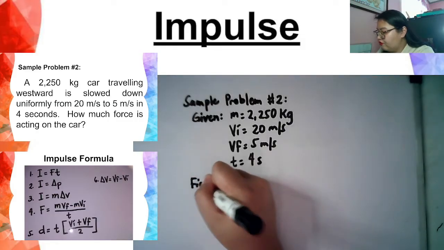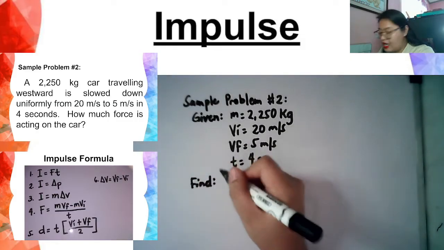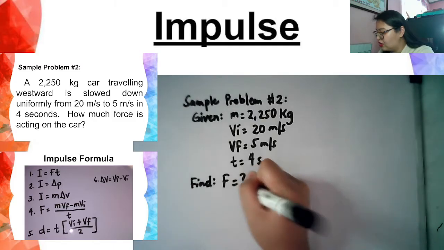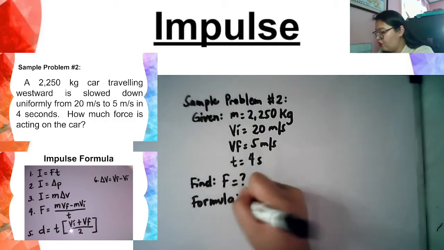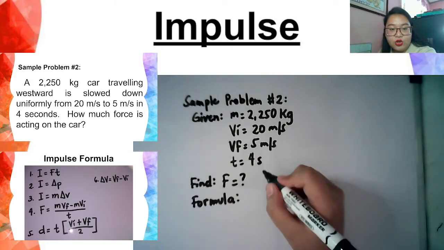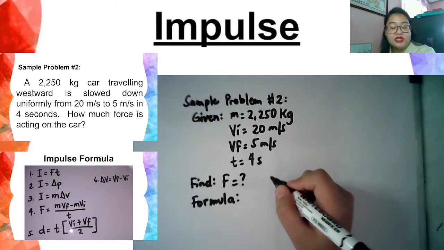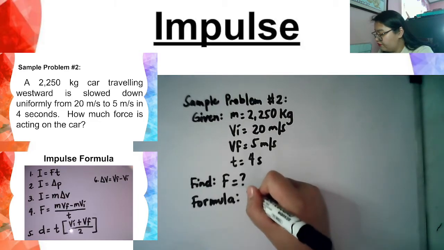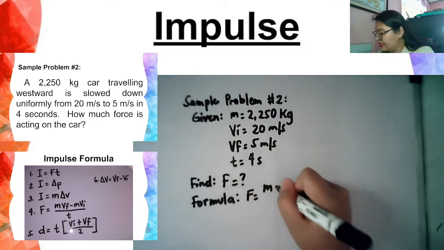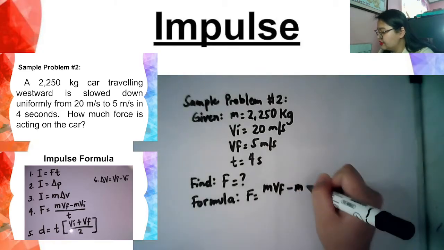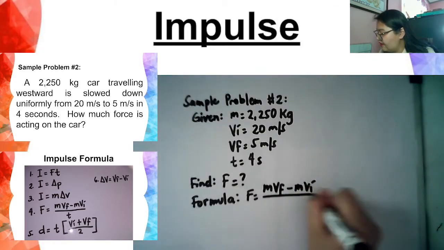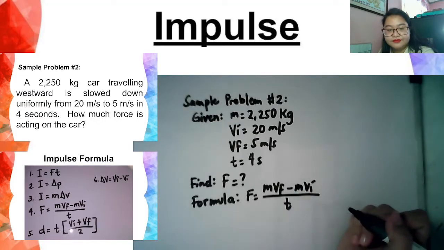Now, we need to find for the force. How much force is acting on the car? So, isa lang naman po ang formula natin for force dito sa topic na ito, which is number 4 in your screen. So, you have here, force is equal to mass times the final velocity minus mass times the initial velocity divided by the time.